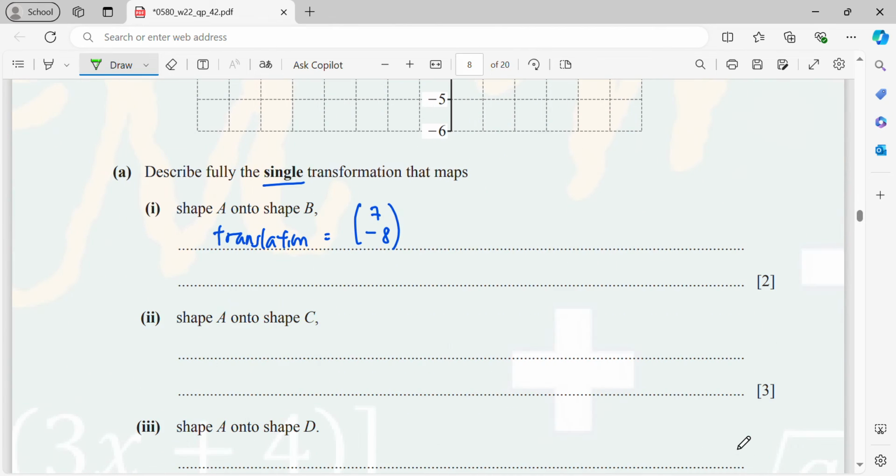So from here I will just write rotation 90° anti-clockwise at point B. So this is how we get the center of rotation.